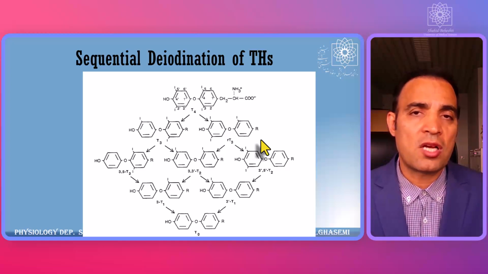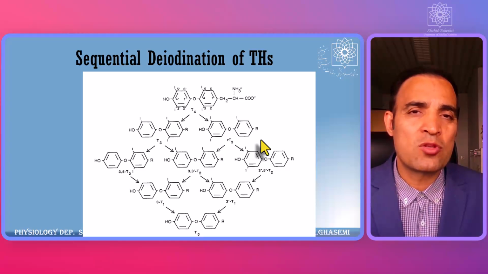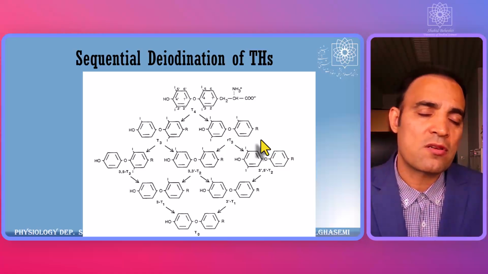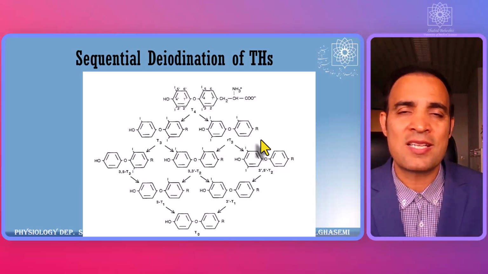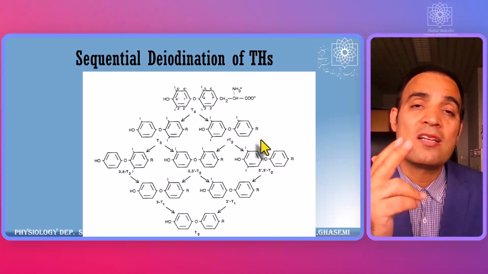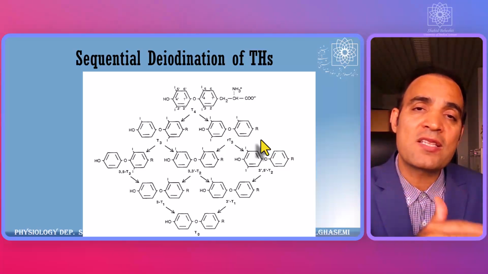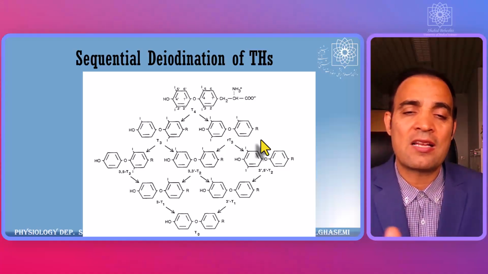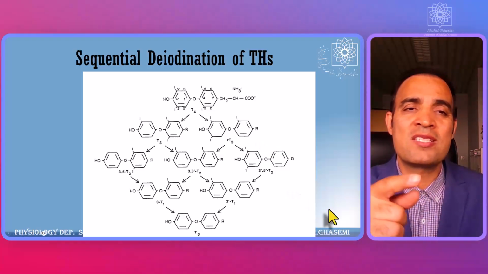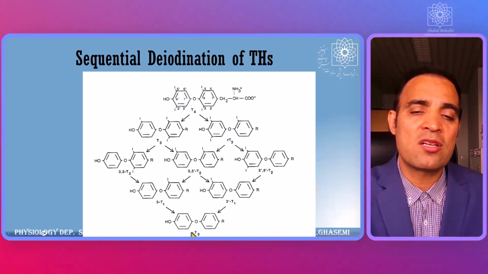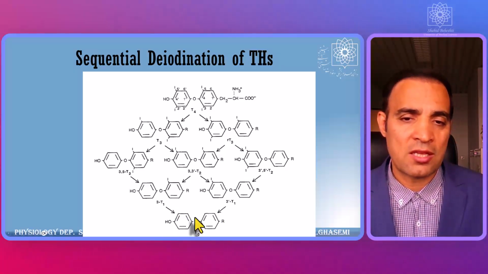And thyroid hormone metabolism could take place in several steps. When T4 is converted into reverse T3, it is inactivation. But if it is converted to T3, T3 could then be converted into T2, which is further inactivation. And sometimes, according to this sequential deiodination, we have the deiodinated form of tyrosine, that is T0.